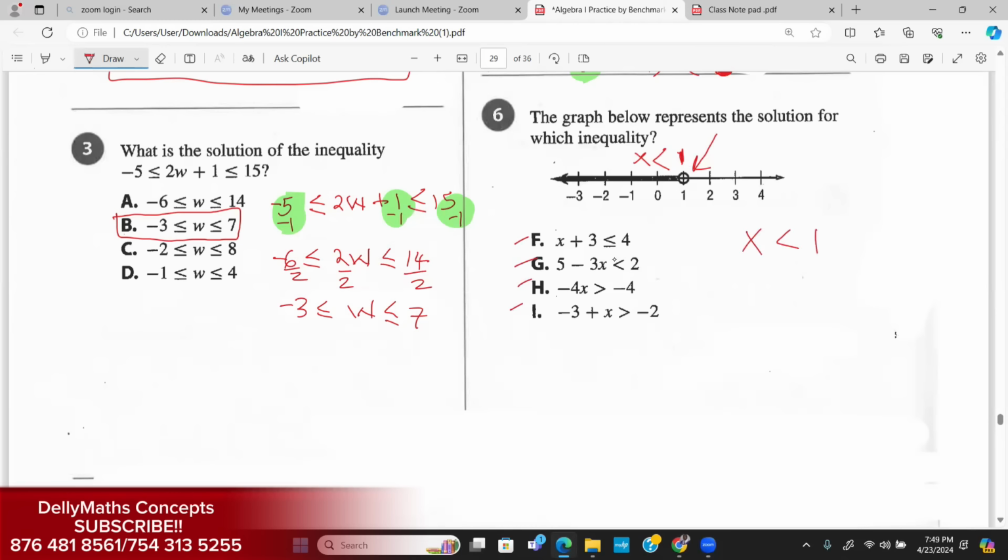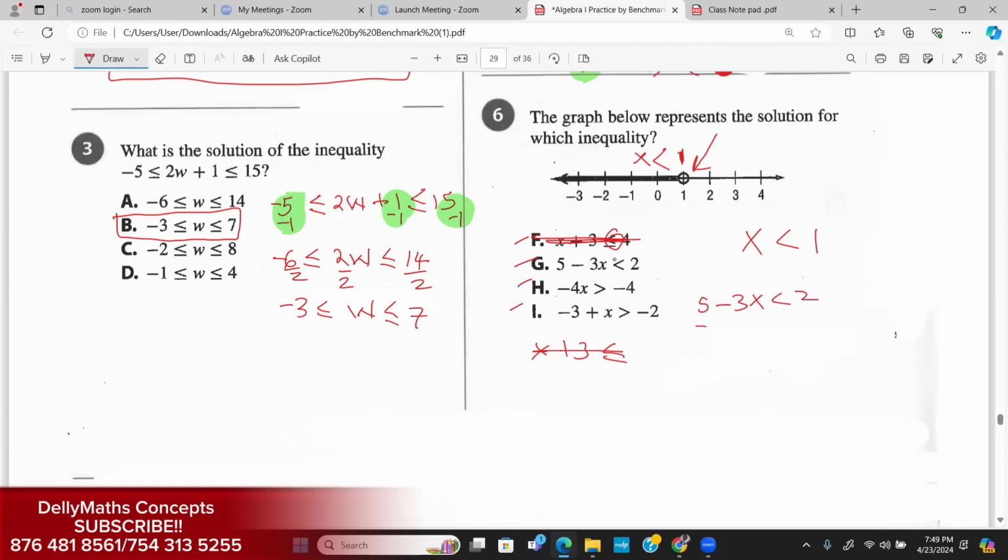That's all. So if I take the first one, it says x plus 3 less than or equal, then that's not a part of my deal because we're not dealing with any equal. So this is out of the equation altogether. So let us say I grab G. G says 5 minus 3x is less than 2. Let's work this out.